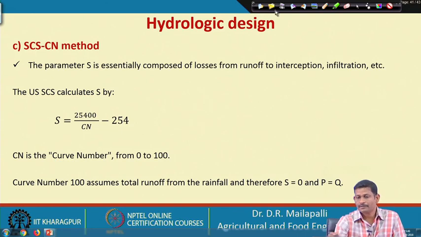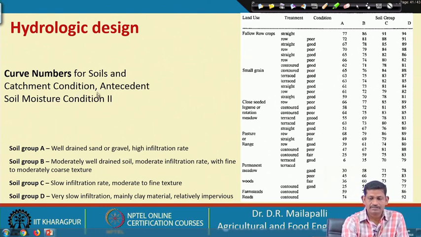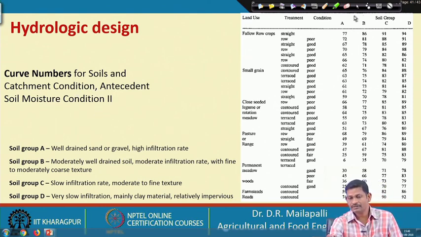The next is hydrologic design curve numbers. Here, this table clearly gives the curve numbers for different soil groups. Look at this. Column number 1 is land use: fallow, row crops, small grain, close seeded legumes, pasture or range, permanent meadow, woods.